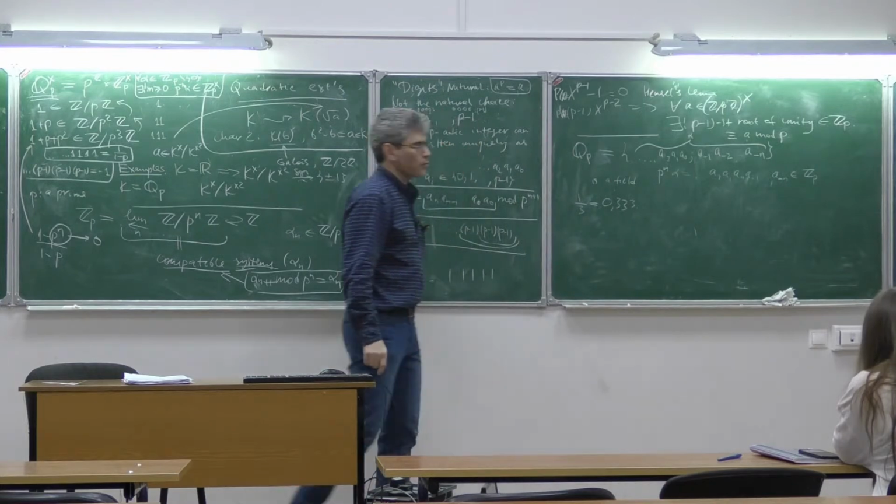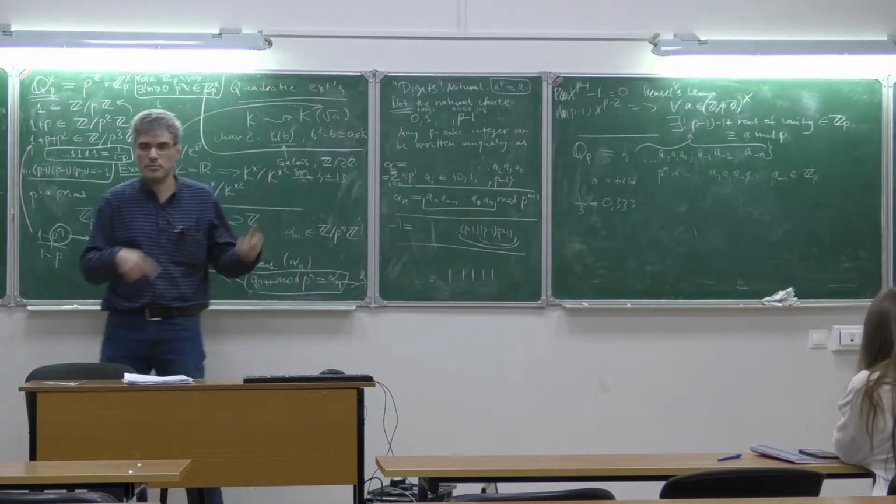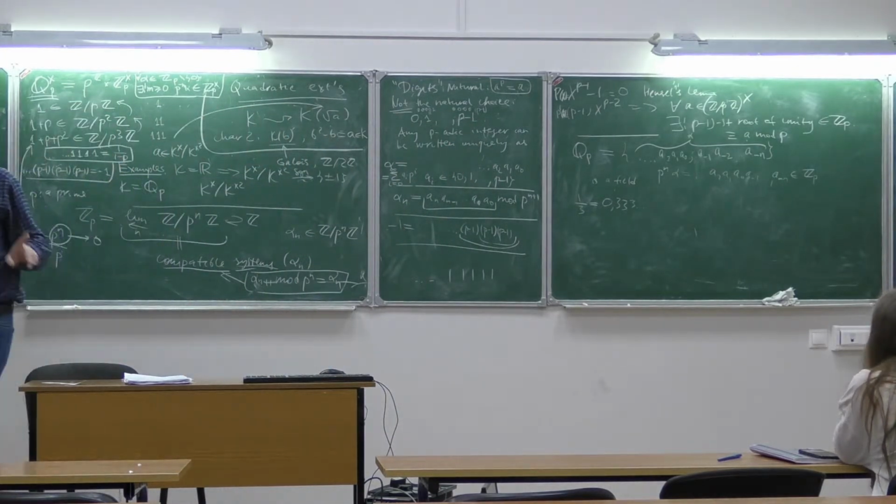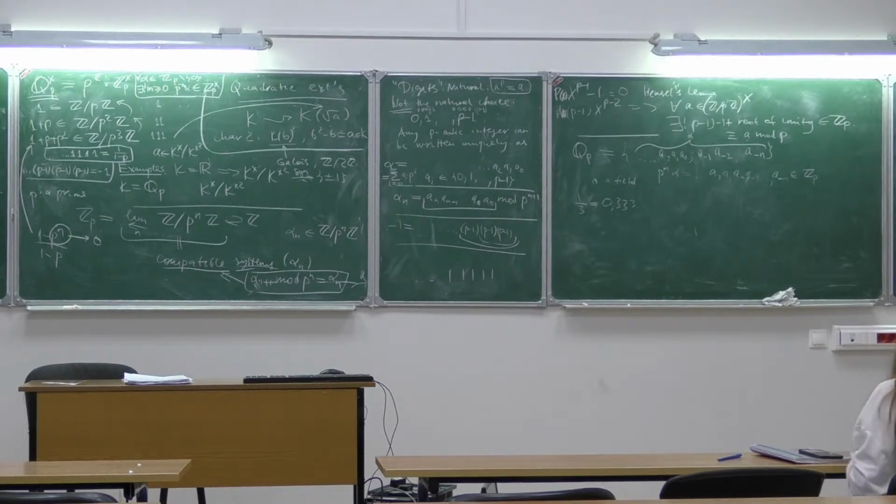Well, you know how to add. Do you know how to add numbers and how to multiply them in digits? I think we just add them the normal way. Yes, exactly. So you start with the last digit and continue to the left.